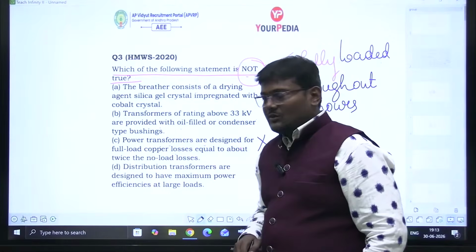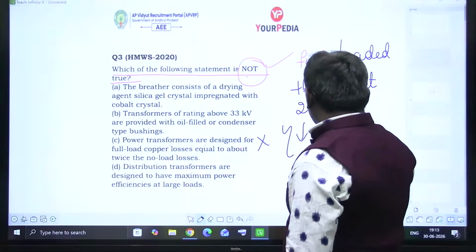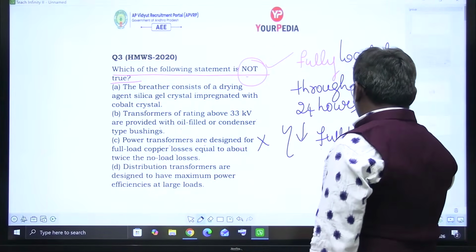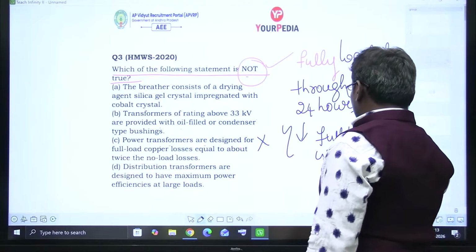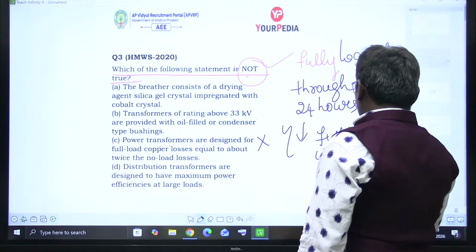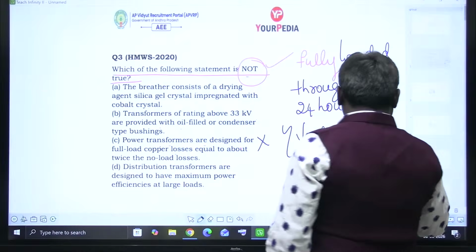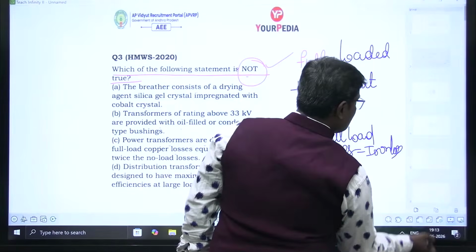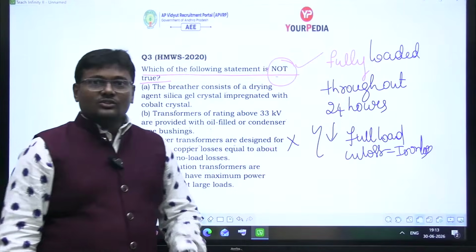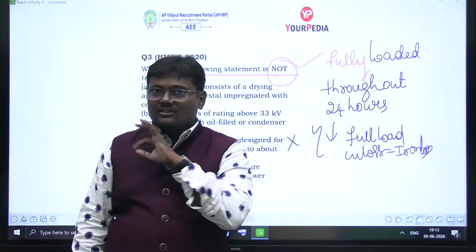For a power transformer, full load copper loss is equal to iron loss. So obviously C option is the wrong answer.